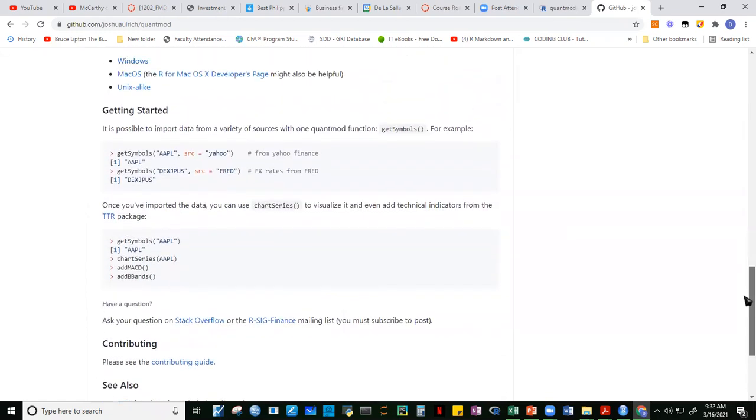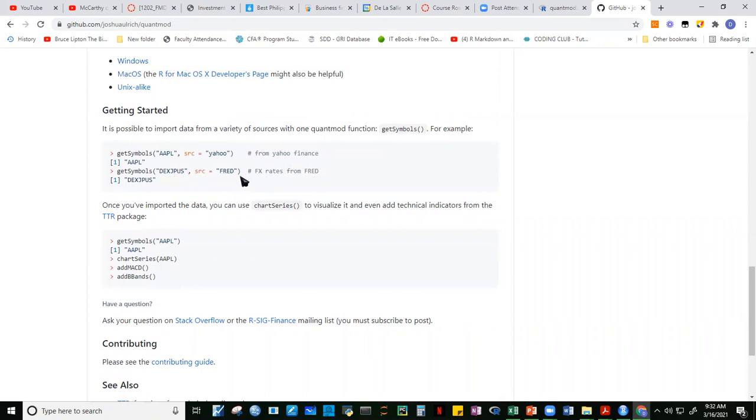Okay. So there are instructions here on how to download. Okay, and there are some examples. For example, it's possible to import data from a variety of sources. Okay, Apple from Yahoo. Okay, I think this is the exchange rate ng Japan at saka US.